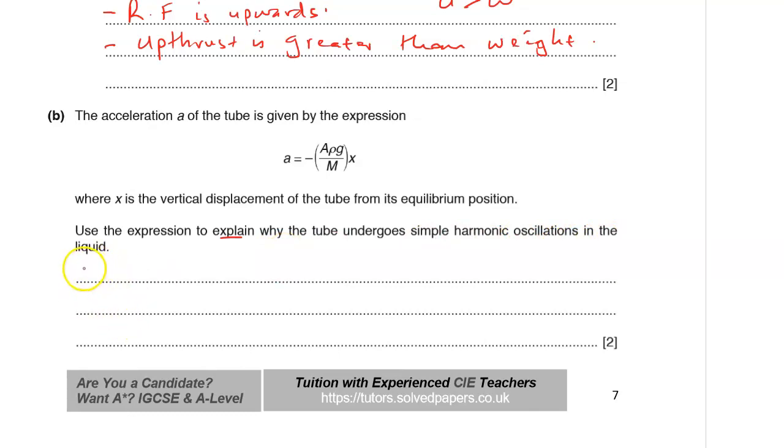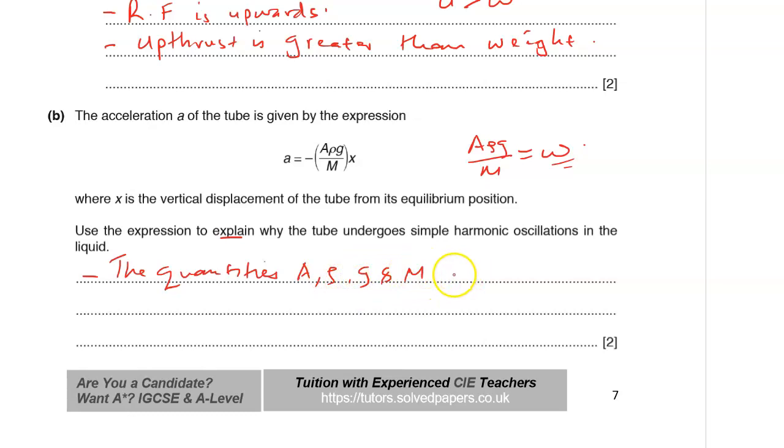You can notice that the quantities A, rho, g, and m are all constants, and this is the same as angular frequency omega squared.